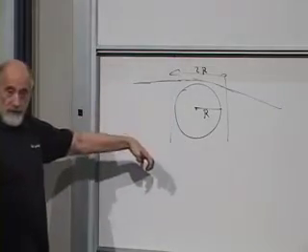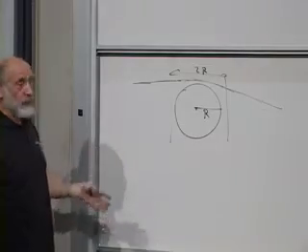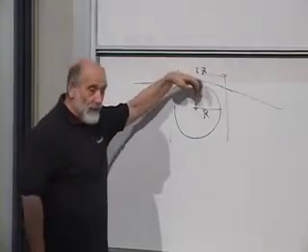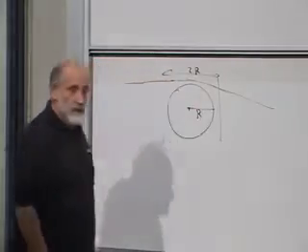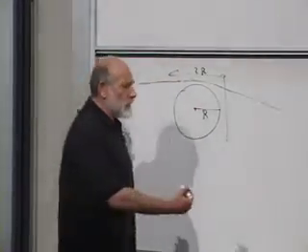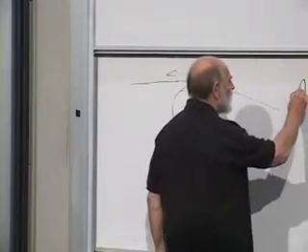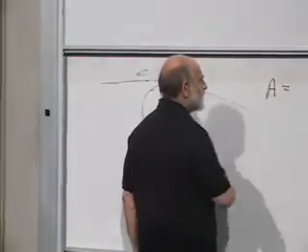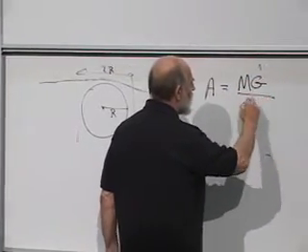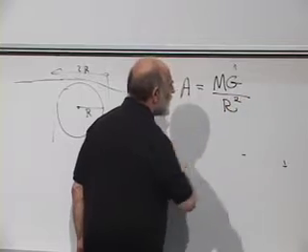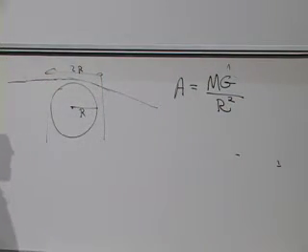What's the acceleration that it feels downward? Well, for that, we just have to work out the acceleration due to gravity, how much acceleration there is at the surface of the sun. I think we already had a formula for that, right? The acceleration is mg over r squared, downward, right?